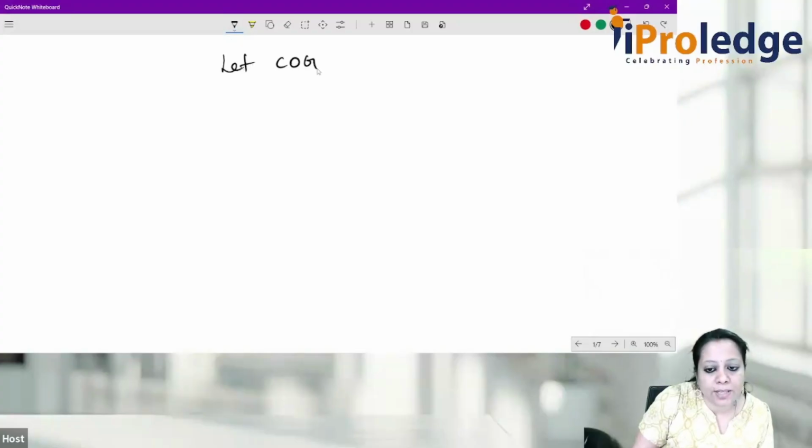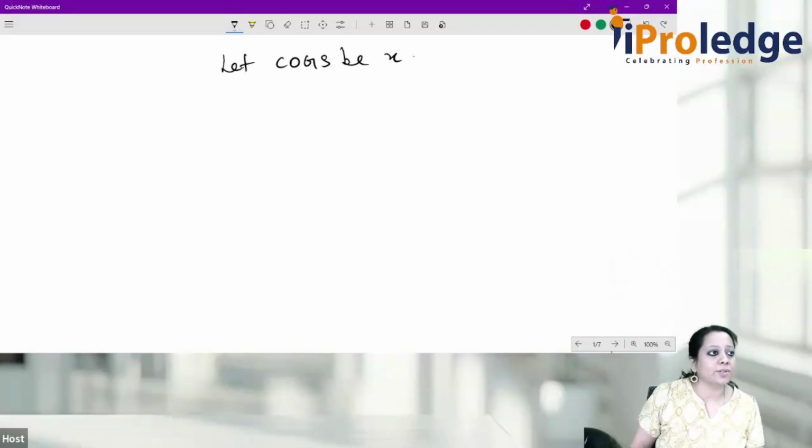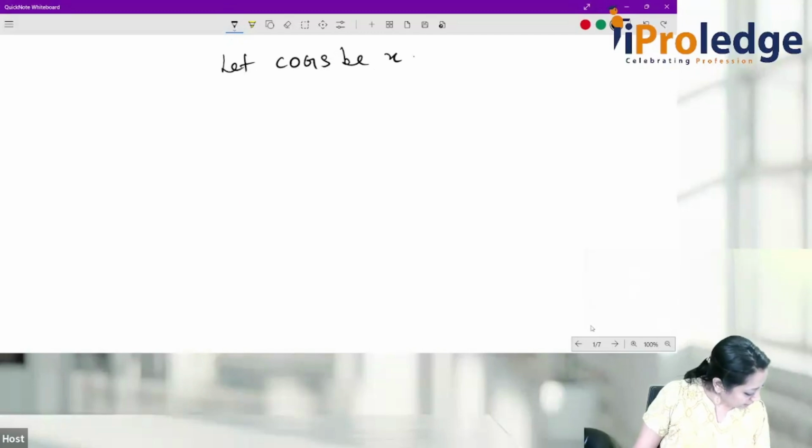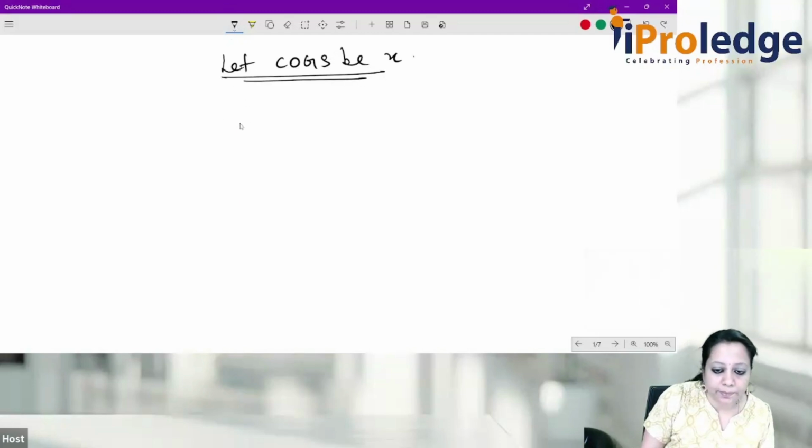Let COGS be X, because everything is given based on COGS. So what I'm doing is a cost sheet.